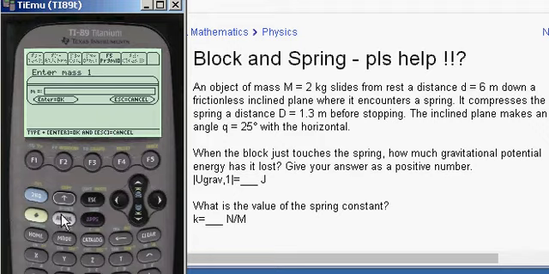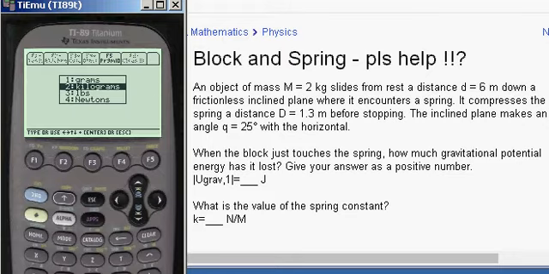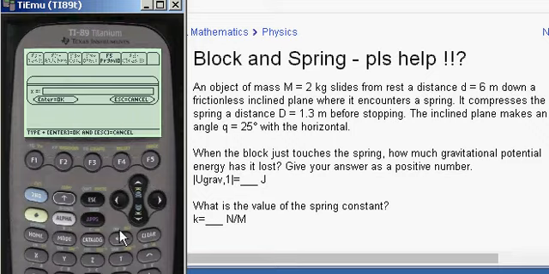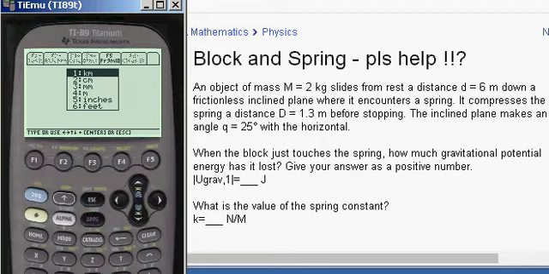And we have to press alpha first before you enter anything in these entry lines here. So I'm going to press alpha, and the mass is 2 kilograms. And we're going to put in the compression or stretch of the spring, and that's given as alpha 1.3. That's given as meters, number 4.